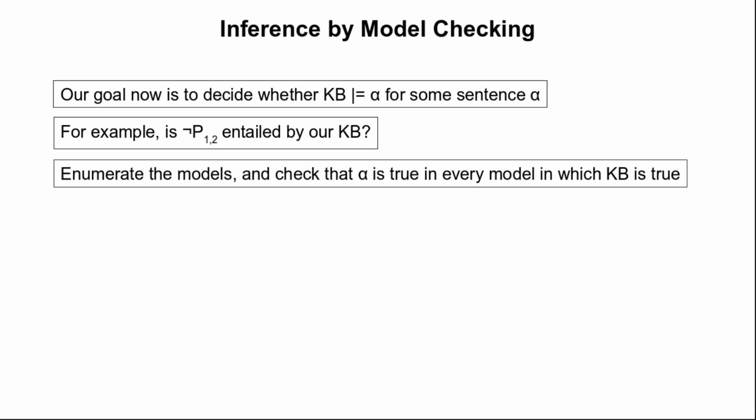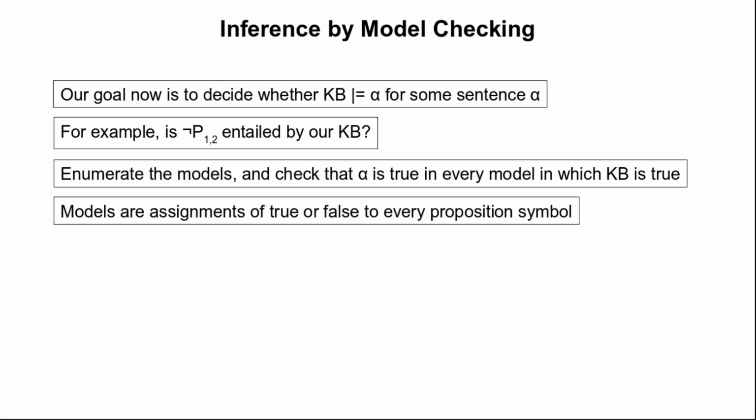So in all the models where the KB is true, alpha also has to be true. Then only we can say that KB entails alpha. And we also know what we mean by a model. Models are assignments of true or false to every proposition symbol.